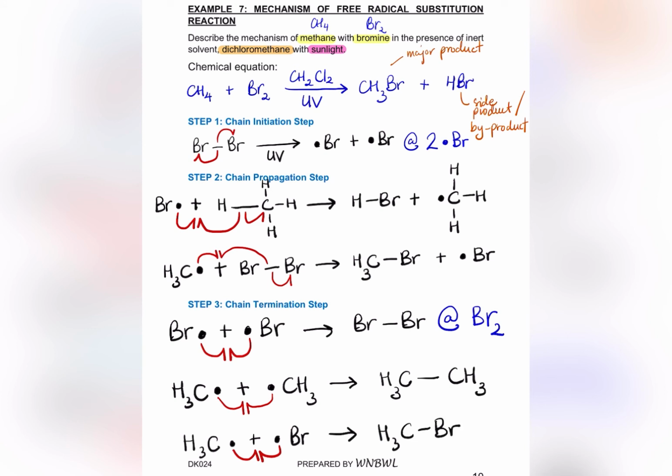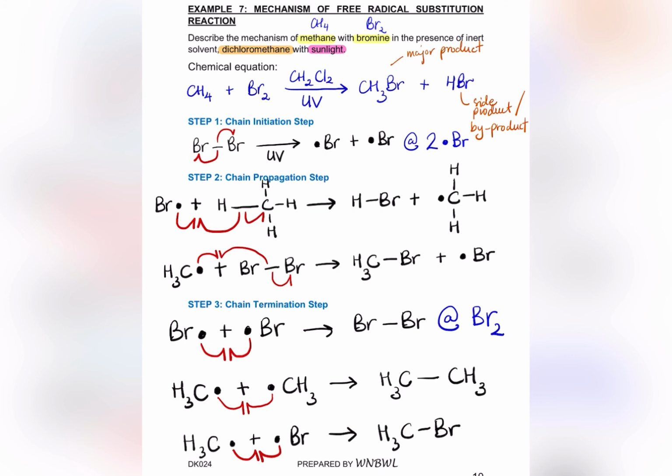Make sure your Br atom is connected to carbon, not hydrogen, because we need to get this product by the end of the reaction, CH3Br. As you see from here, your mechanism is correct. This is how you show or describe the mechanism of free radical substitution.